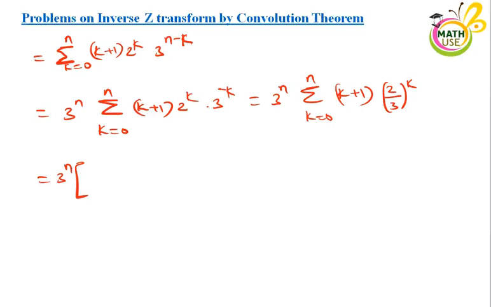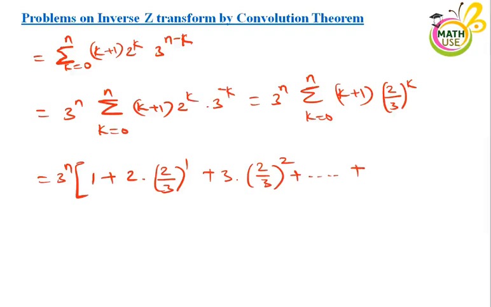Now we will expand this summation by putting k equal to 0, 1, 2, 3 up to n. The first term, put k equal to 0, you get 1. Now put k equal to 1, then we get 2 into (2 by 3) to the power 1. Then put k equal to 2, we get 3 into (2 by 3) to the power 2, plus etcetera.